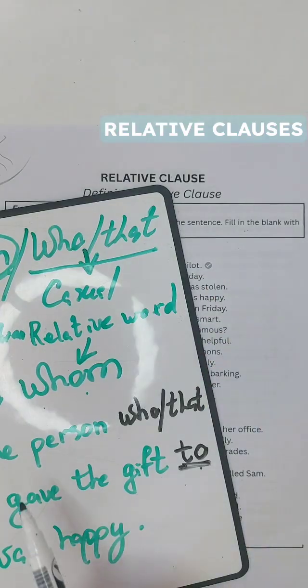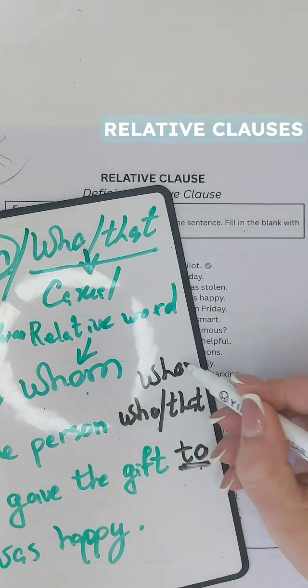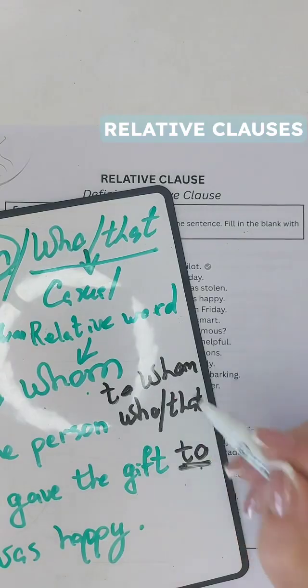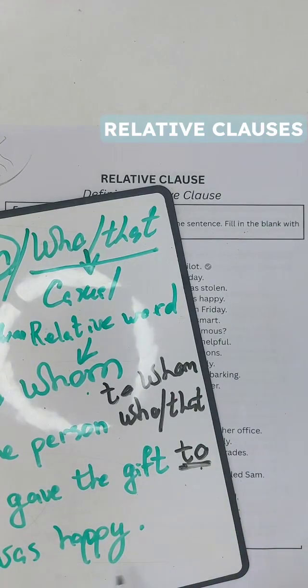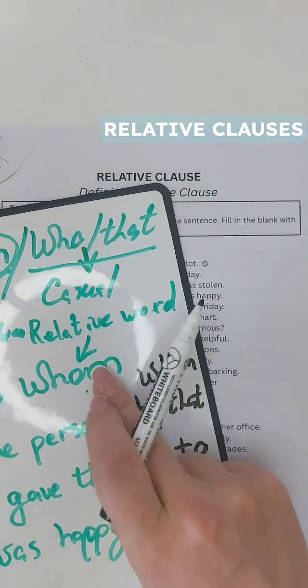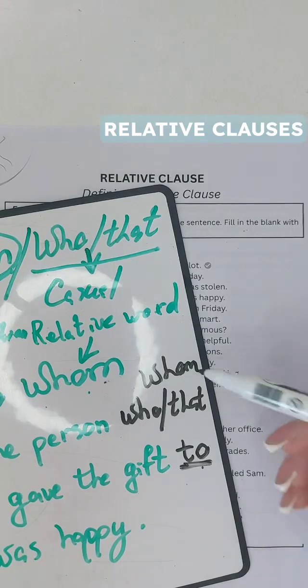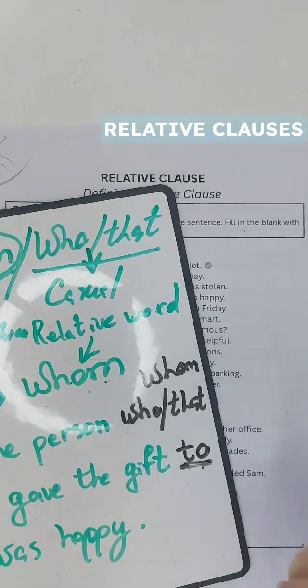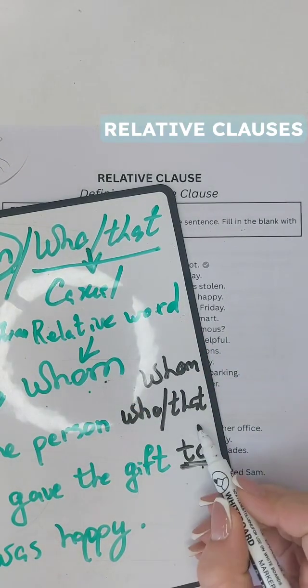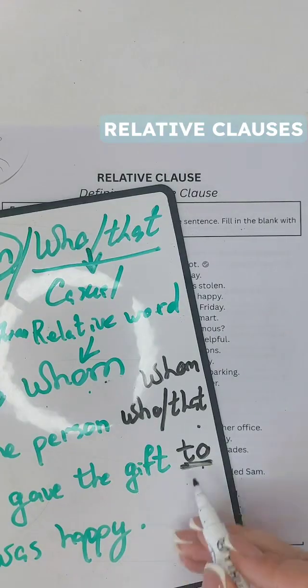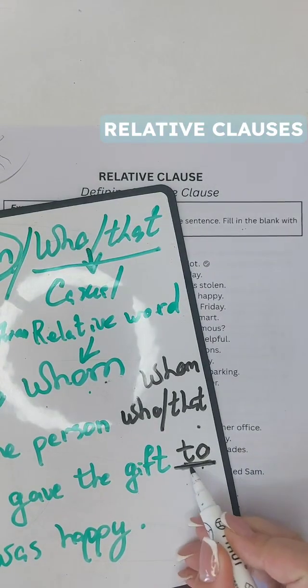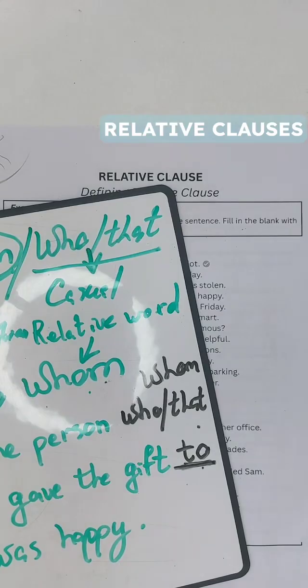You can say the person to whom I gave the gift was happy, or the person whom I gave the gift to was happy. So with whom you have two options, whereas with who or that you have only one option. You should place the preposition at the end.